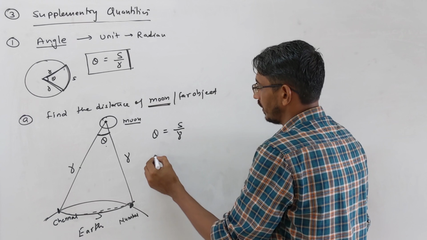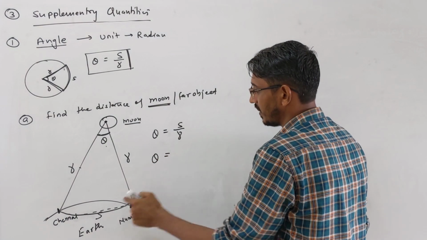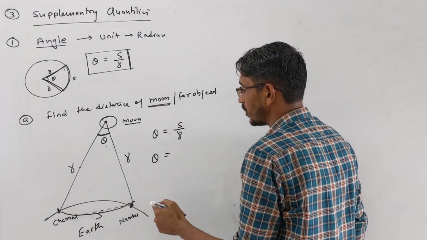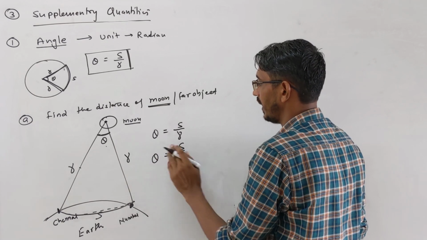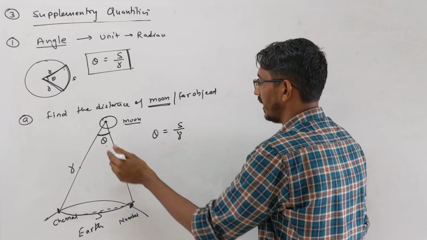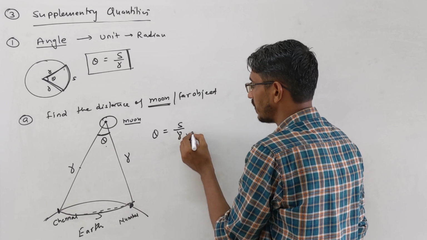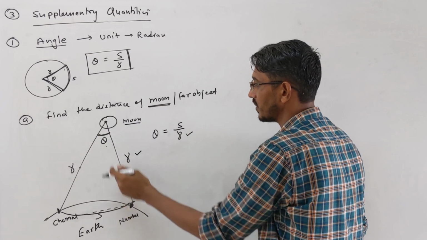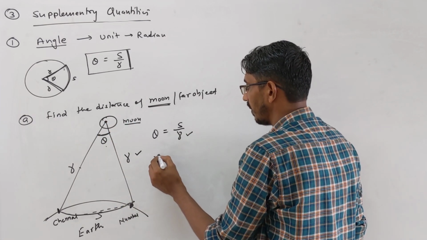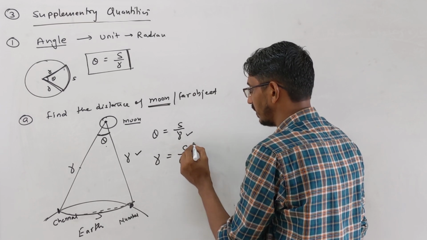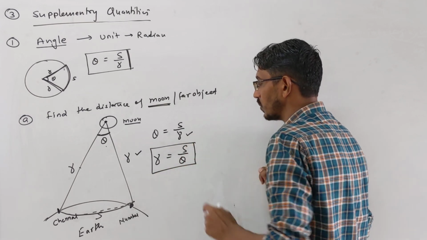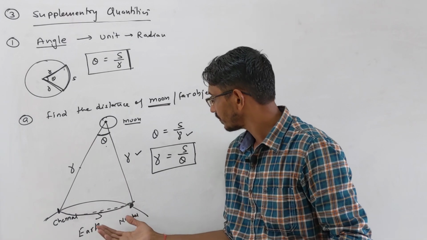Here theta we know, s means arc length or the distance between 2 cities we know, and we have to find the radius. This radius we are writing here is simply the distance of the moon. So your r will be equal to s by theta. That's your answer.